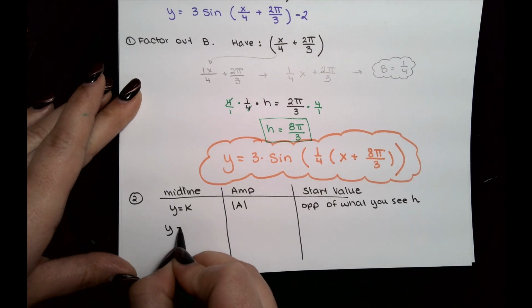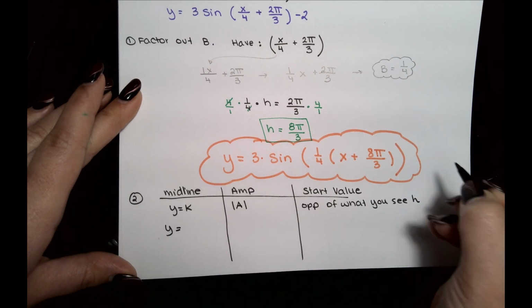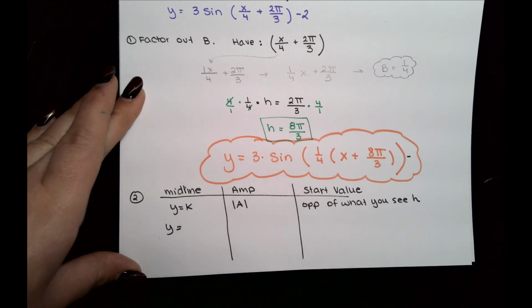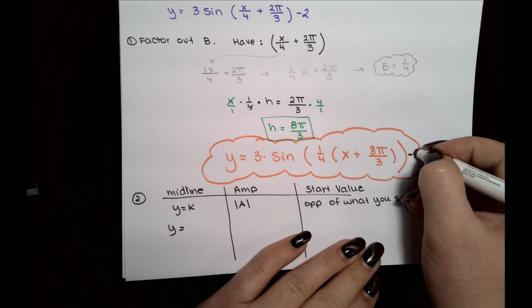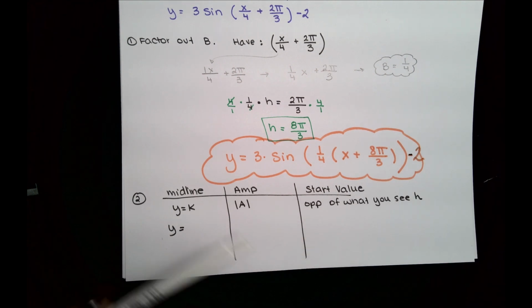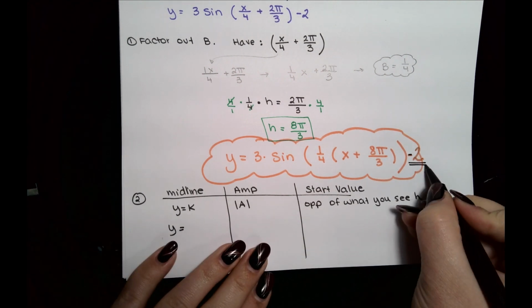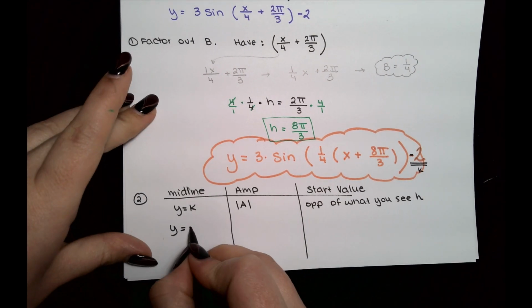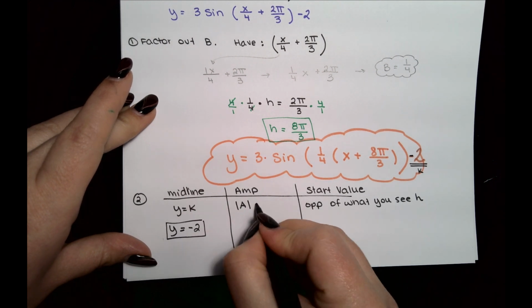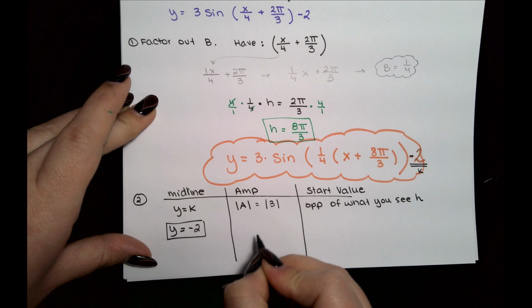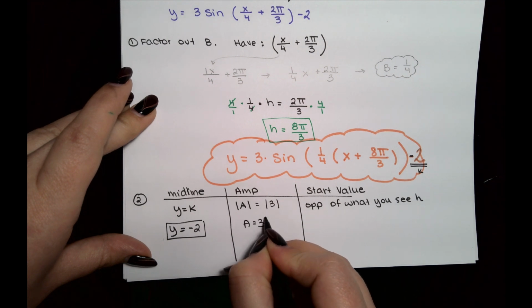So y is equal to, I do. Let's put that -2 into our equation. I almost forgot it. Hopefully you were yelling at me on the screen. So this is our k value. So we have a -2 for our midline. Your a is the absolute value of 3, which is 3.